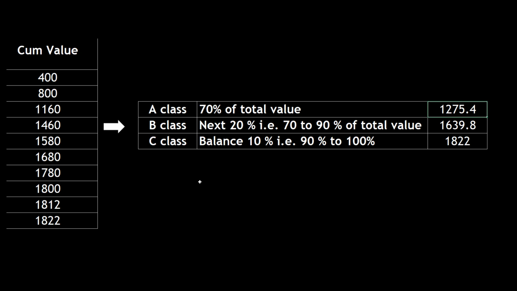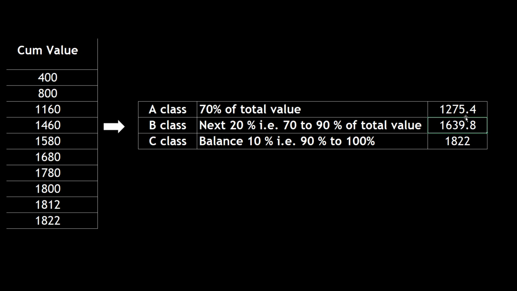After A, the 20%, that is from 70% to 90%. That 90% cutoff will be at 1639.8, and to arrive at this you multiply 0.9 into the total value. And the last class, C class, is the last 10%, between 90% and 100%, and the cutoff value will be 1822, which is the final value.